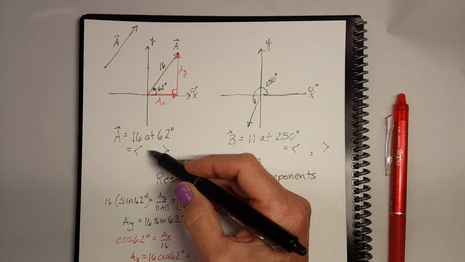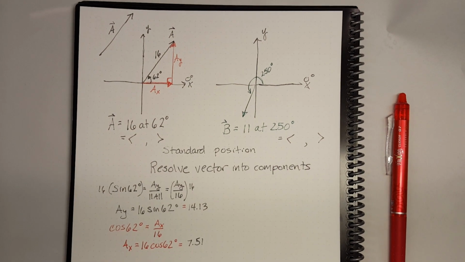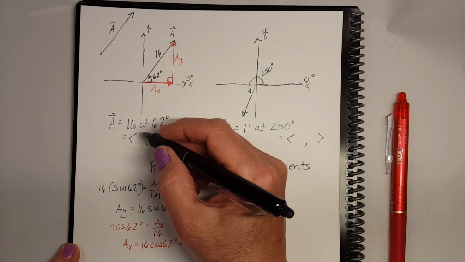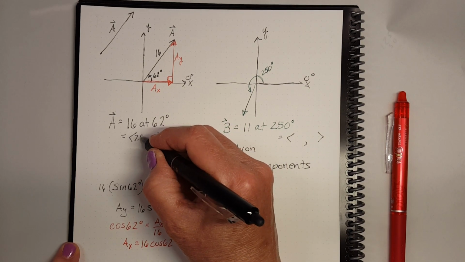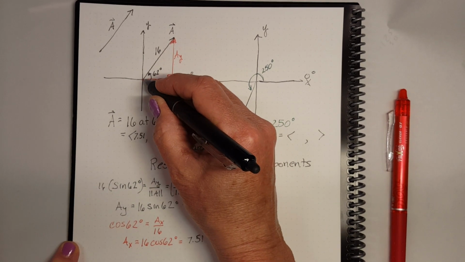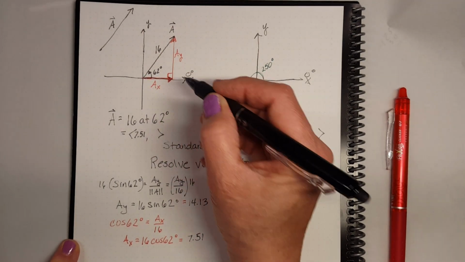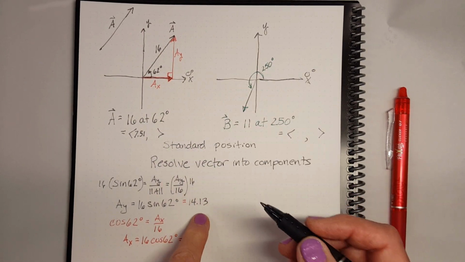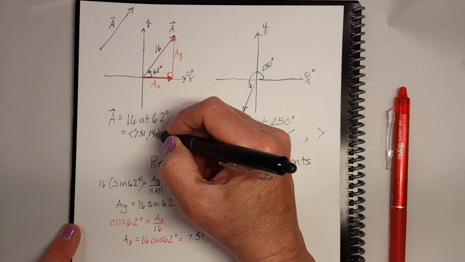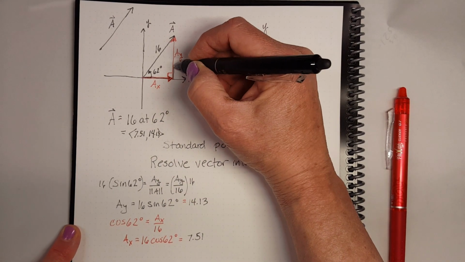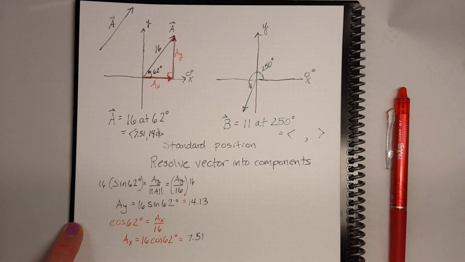And so this vector A could be written in component form as A sub x is 7.51. So that's this vector, 7.51 in the x direction. And A sub y is 14.13. And that's this vector, that's the y direction.